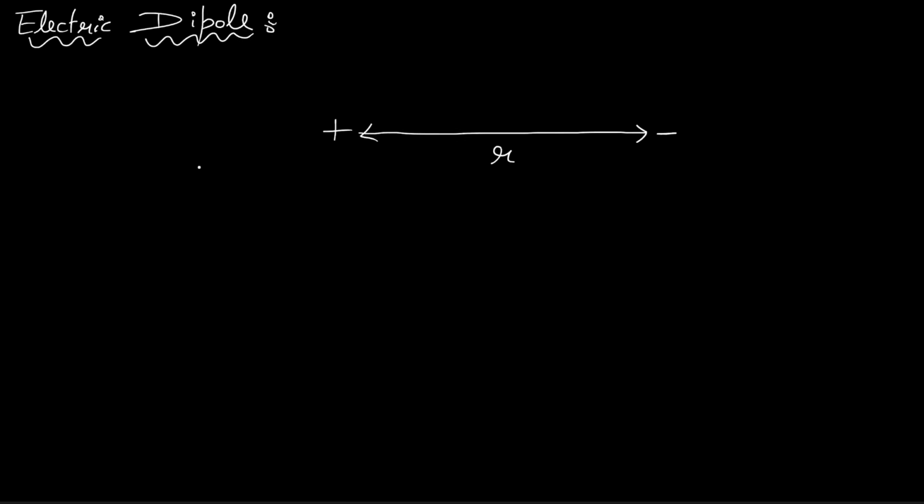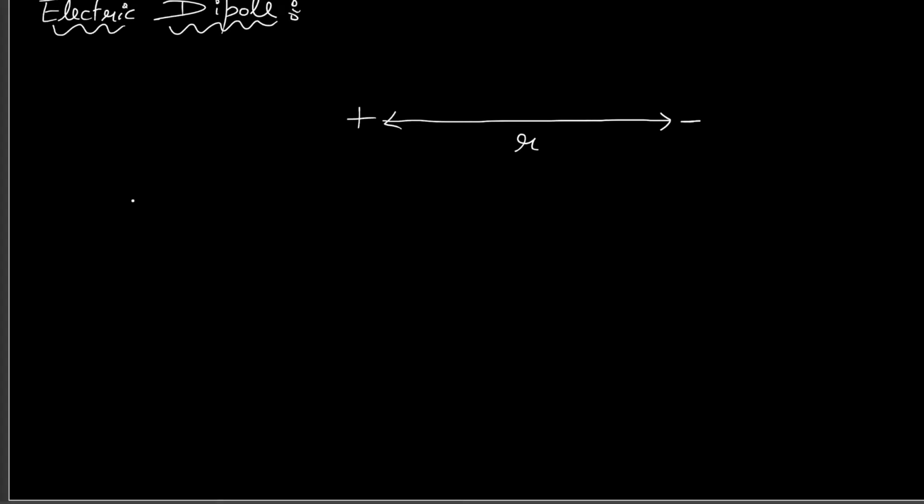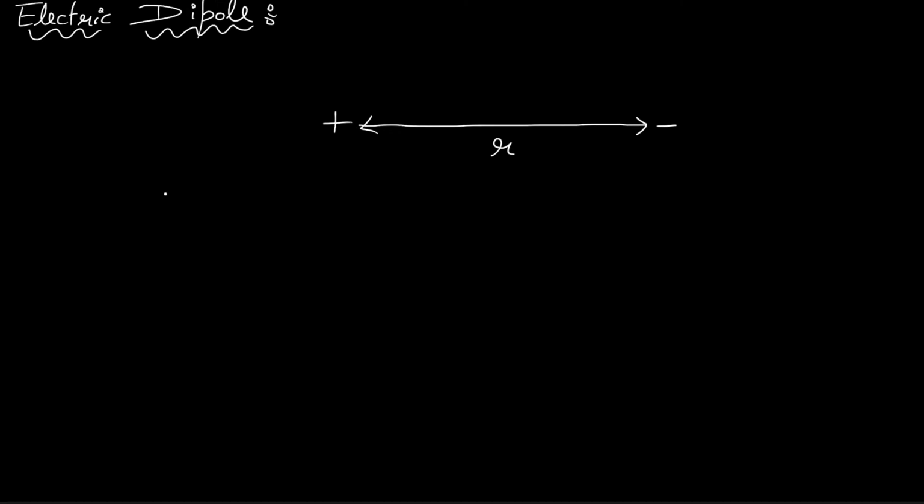The water molecules and ammonia are examples of the electric dipole, because in these molecules the center of the negative charge and the positive charge are separated by some distance. Let me make the shape of the water molecule.